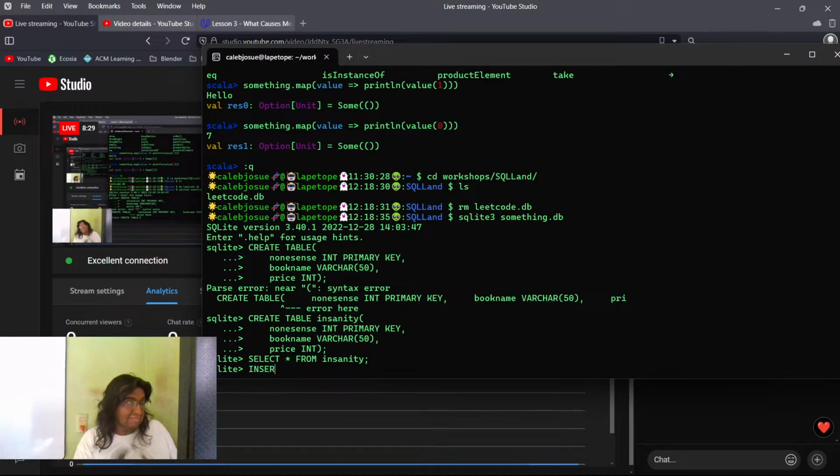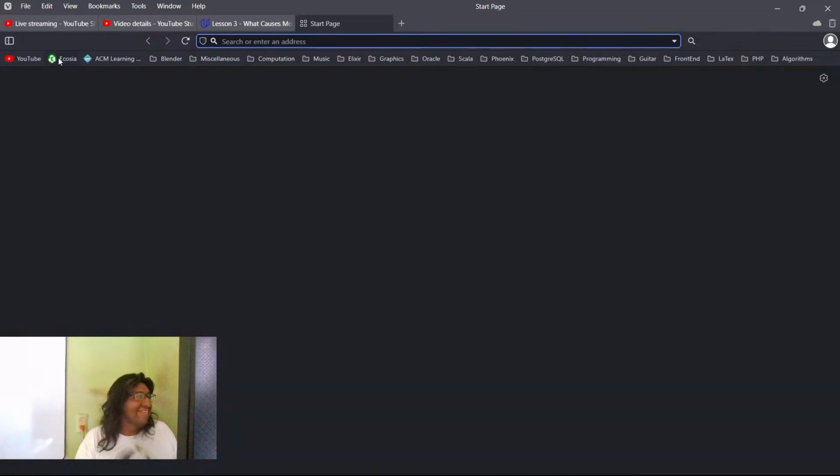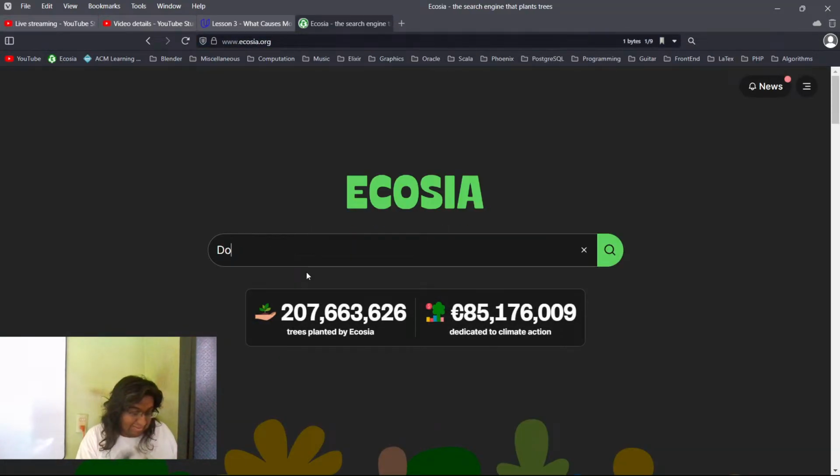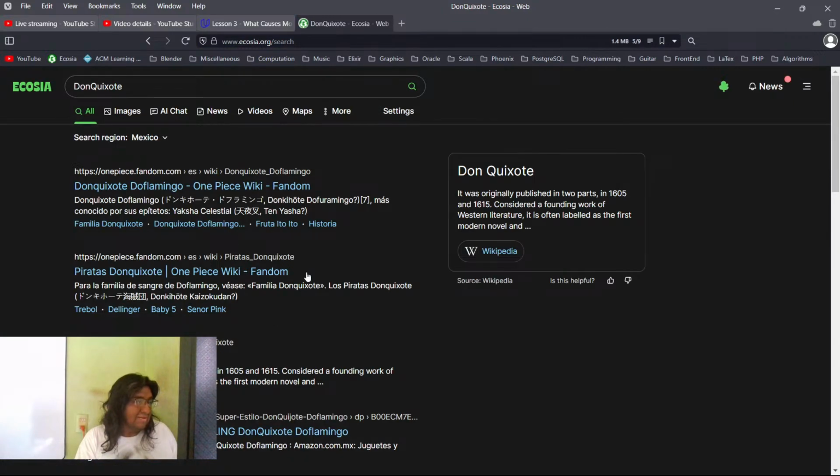Great. Now let's insert something. Insert into insanity values one. Now we can use Don Quixote. It seems like in English it's called Quixote, but I don't care. Well, I should care, because I should respect the language. Let's look for it. Don Quixote.